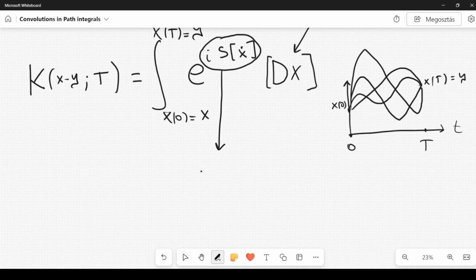And it is possible to do it in the following way. So we have i, the action is an integral over dt of the Lagrangian, and in our case the Lagrangian is x dot squared, so it's d squared x dt squared.